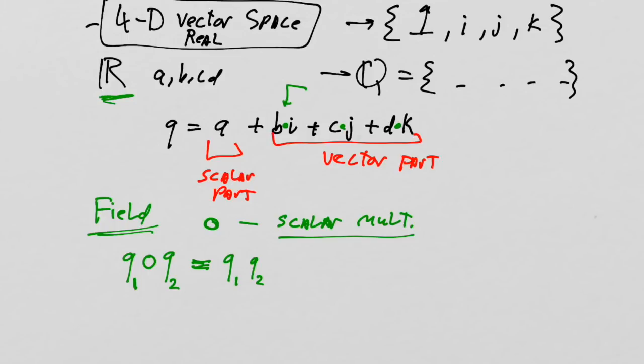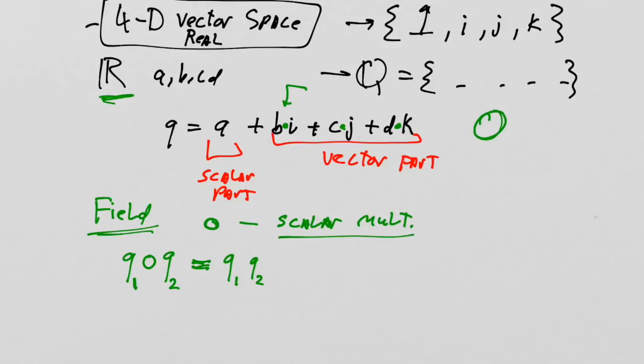So an important aspect of a field is we know that a field is an abelian group under addition, right? It's commutative under addition, and you have the zero quaternion as the addition's identity.